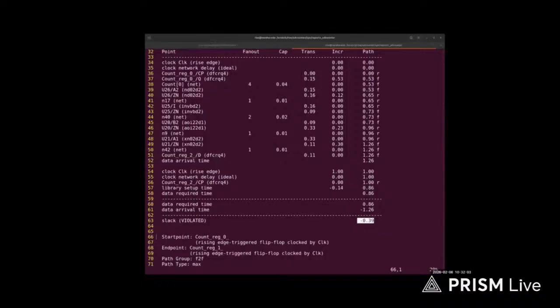Sir, the data required time and data arrival time difference is positive. So what does that mean?